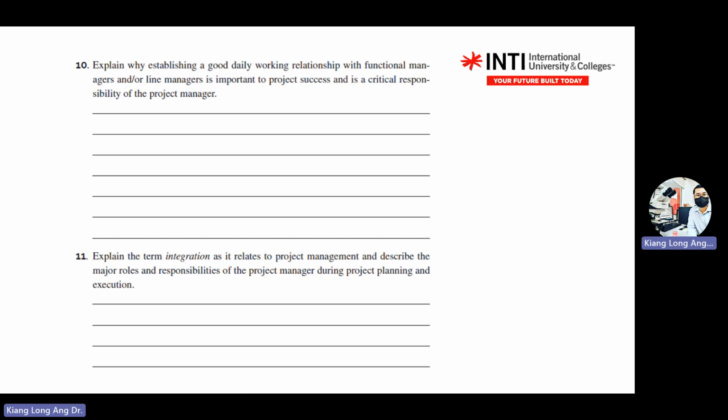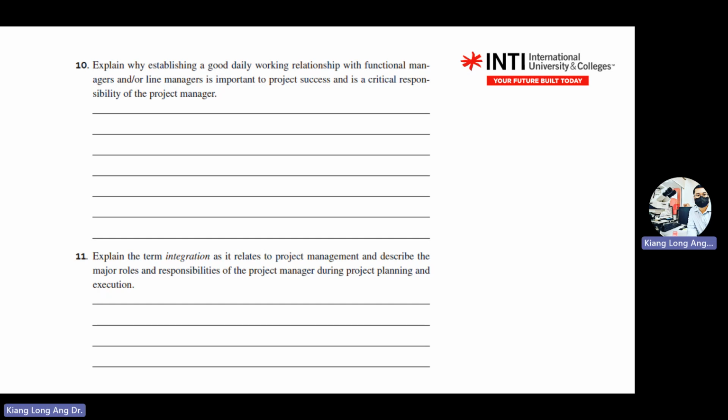You coordinate, and then you integrate project activities across organization boundaries. It means you just use back the word coordinate and elaborate based on project management. Okay. I mean the roles and responsibilities here.